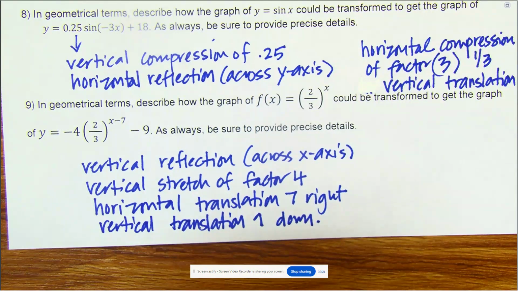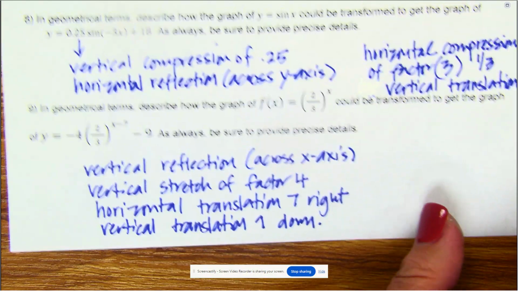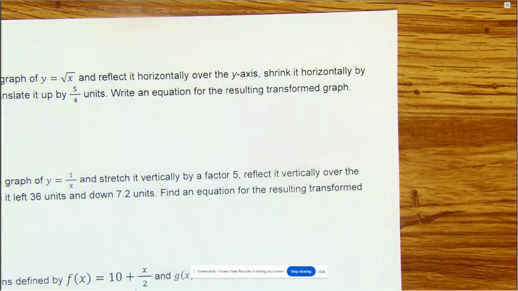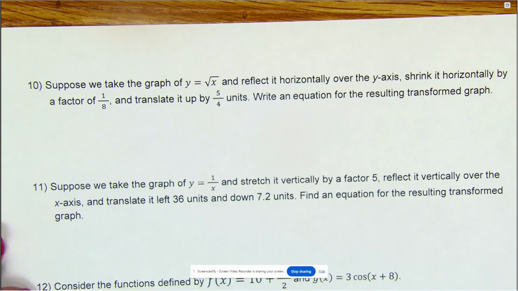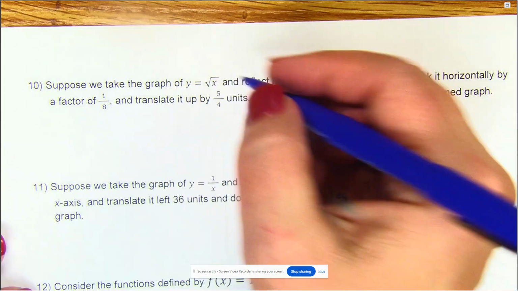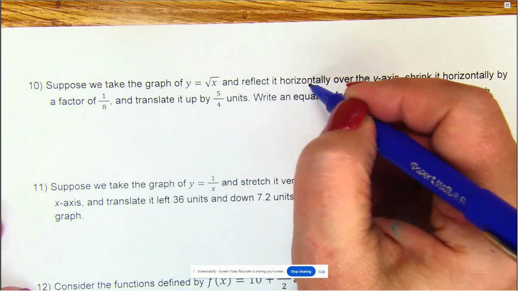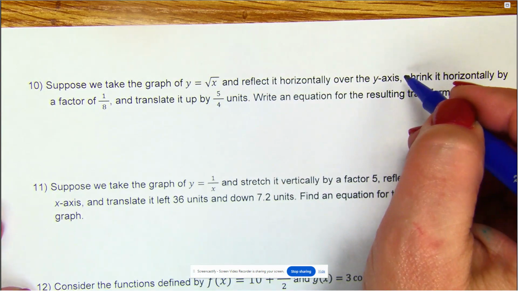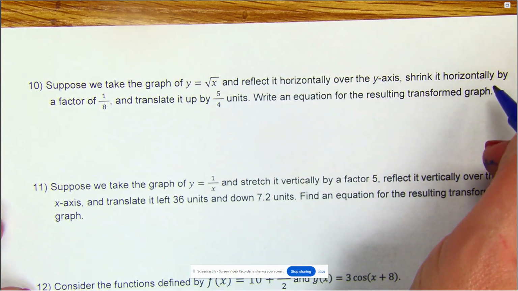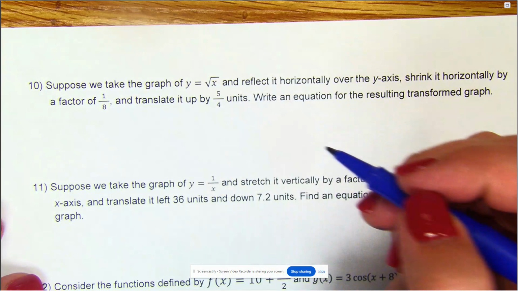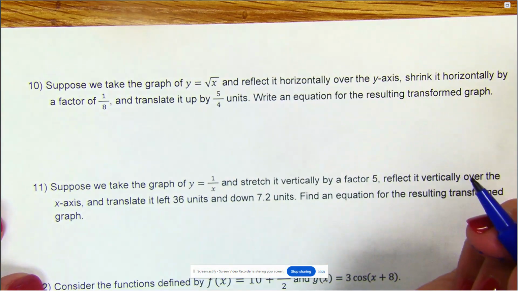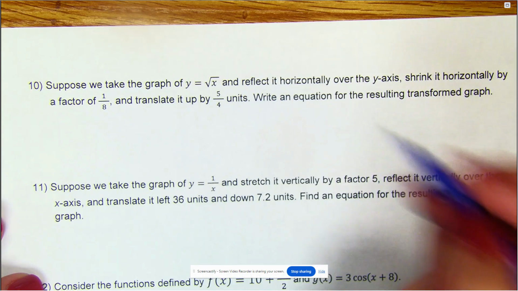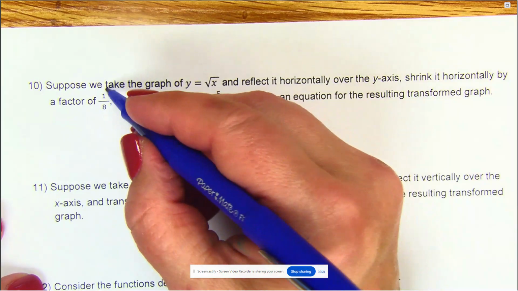All right. Now we're going to write the rules given the transformations. So our parent function is the square root of x. So it says we're going to reflect it horizontally over the y and shrink it horizontally by a factor of 1/8. Okay, sorry, so that's the reverse effect.